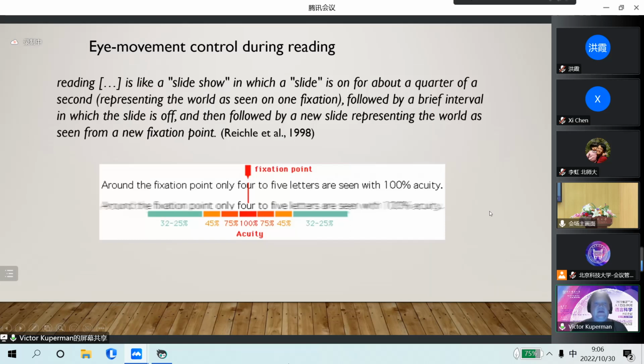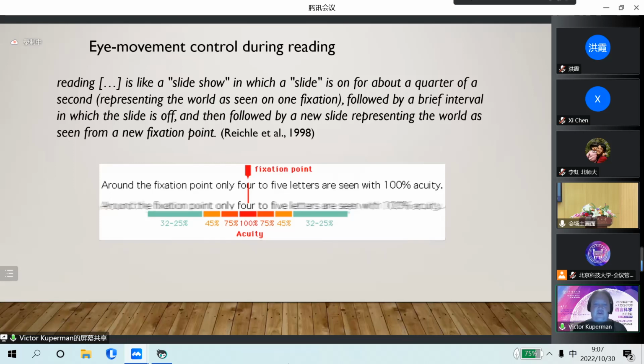Let me move to the next slide. There we go. So why do we move our eyes at all? Well, we do so because our vision has the acuity, or the sharpness, for only a small number of letters. If you look at this picture, you will see that we only have a very clear view of perhaps 4 to 5 letters around the fixation point, around the point where our eye lands.